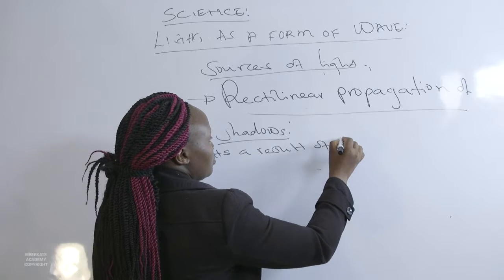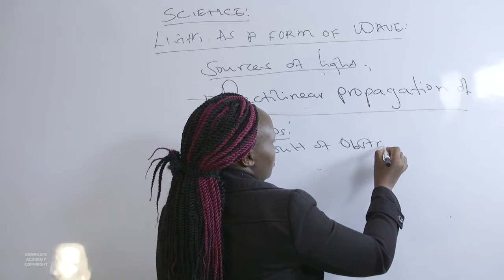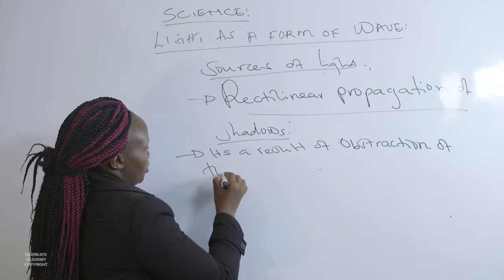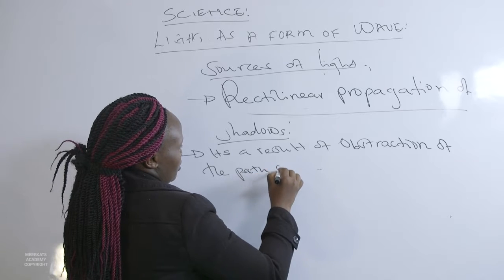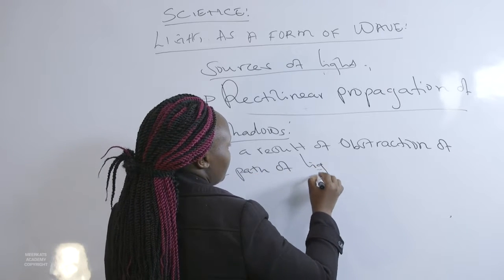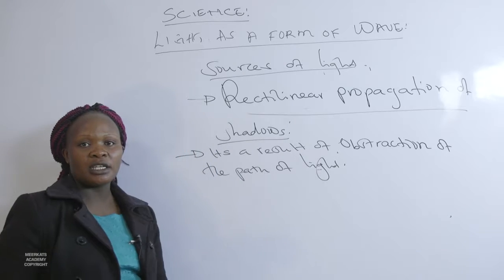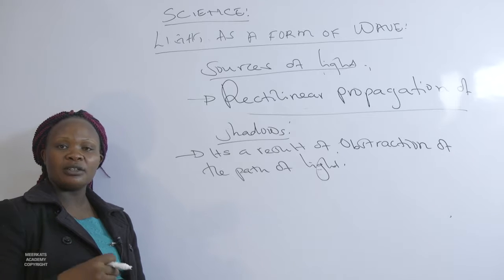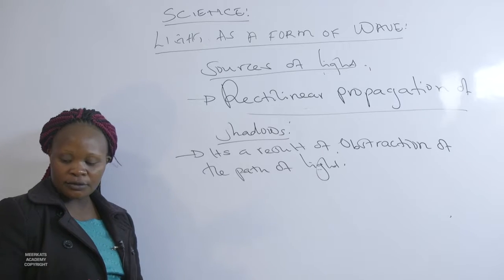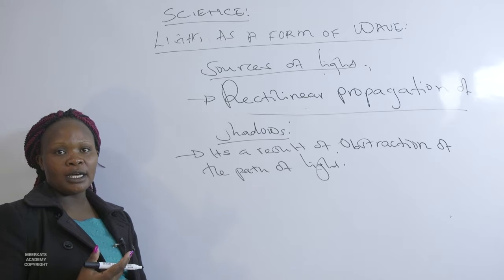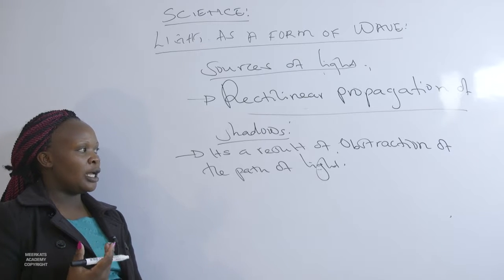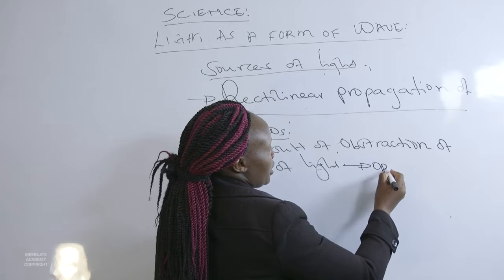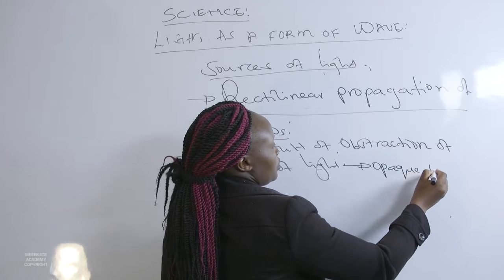We can discuss shadows as a result of obstruction of the path of light. That a shadow can simply be defined as the result of obstruction of a path of light, and that one can only be caused by an opaque object.